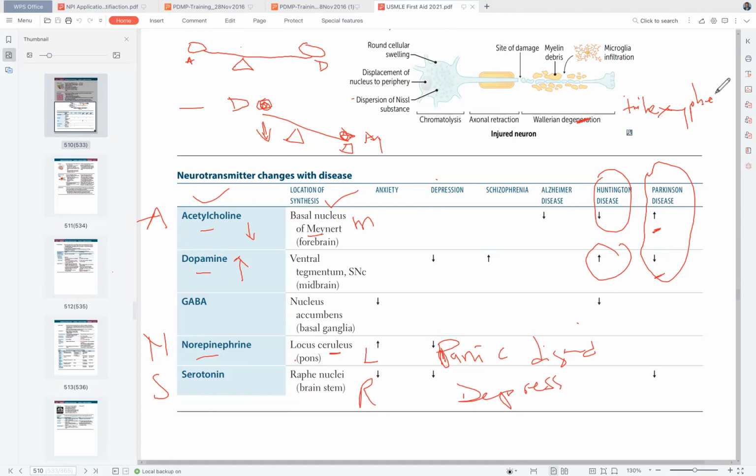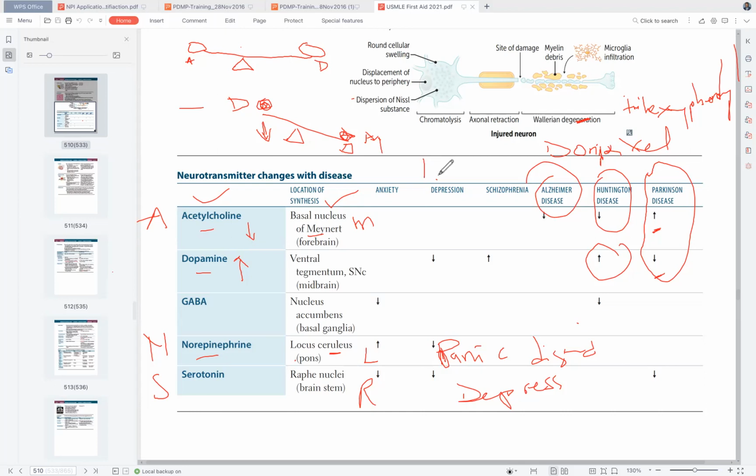What do we use donepezil for? Donepezil is for Alzheimer's.